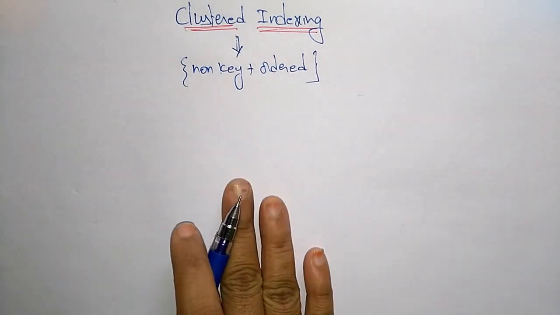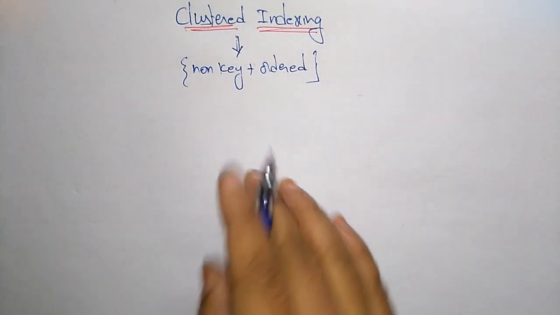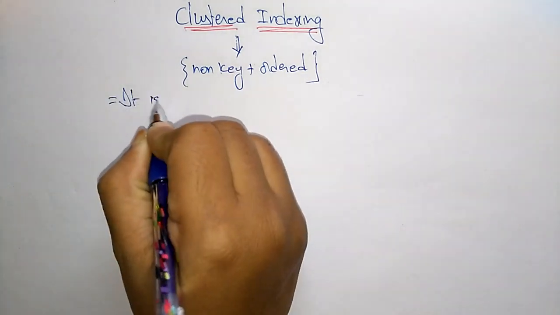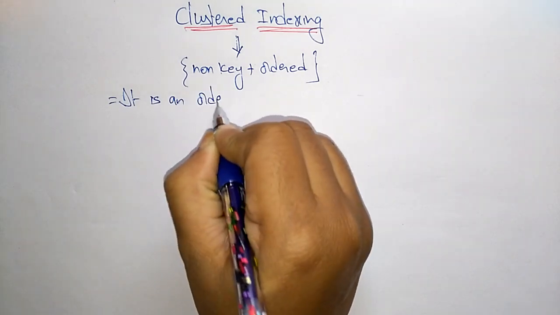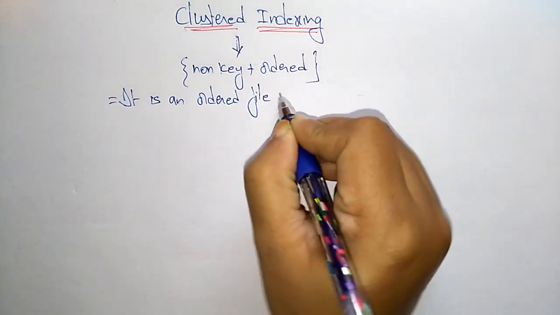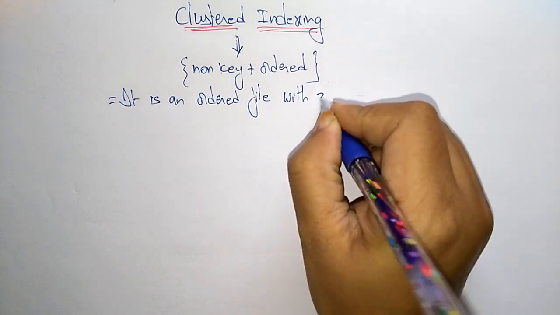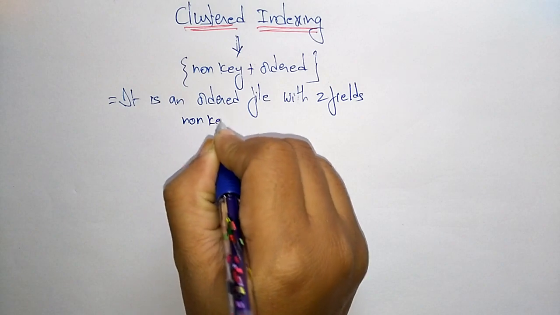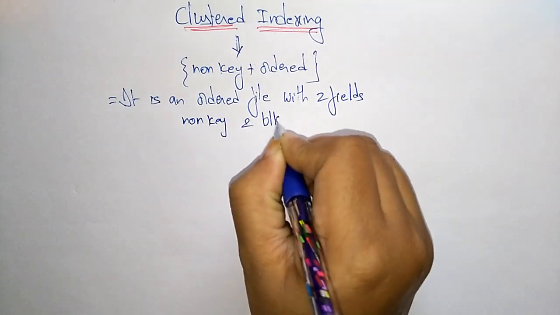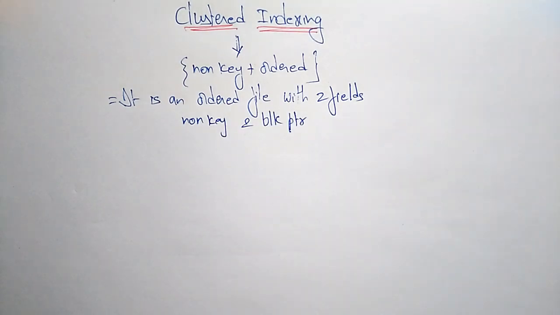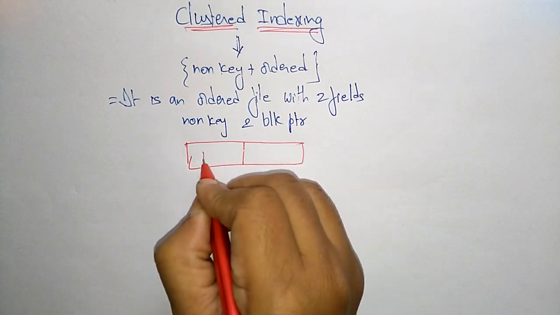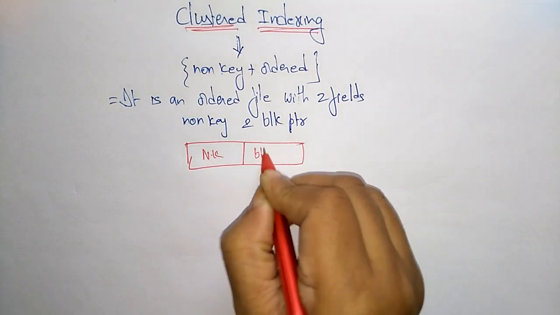So it is an ordered file with two fields, that is non-key and block pointer. The index file means the index structure consisting of the non-key value and the block pointer.